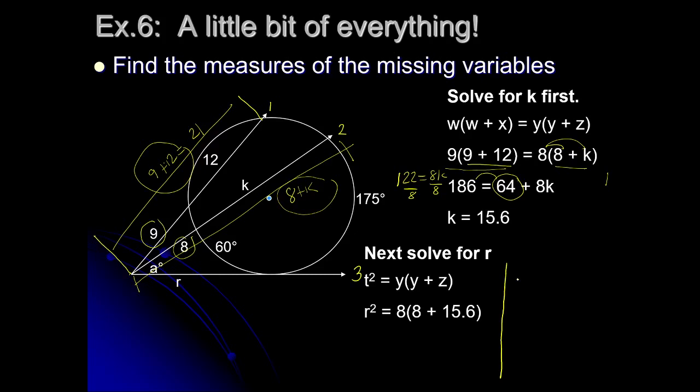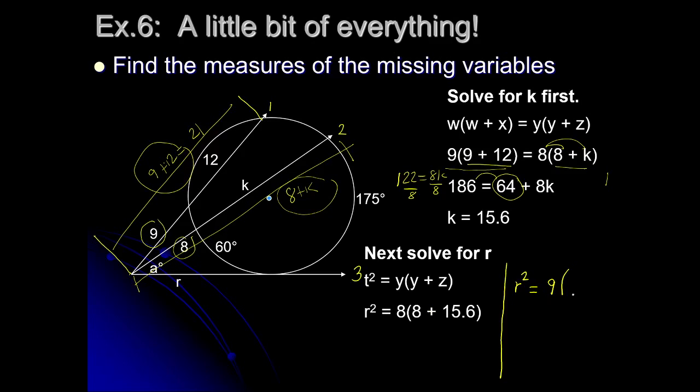So, I'm gonna have R squared, this is R squared, is equal to 9 times how much? I'll be using line 1 here. This one used line 2 and line 3. What if I'm gonna use line 1 and line 3?